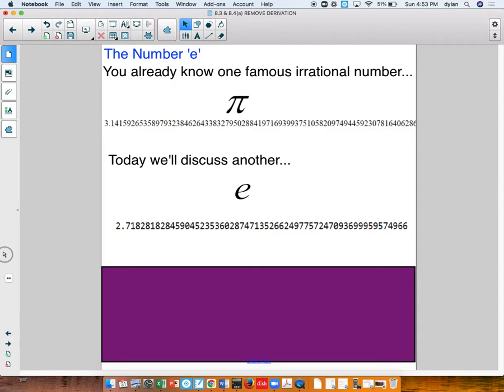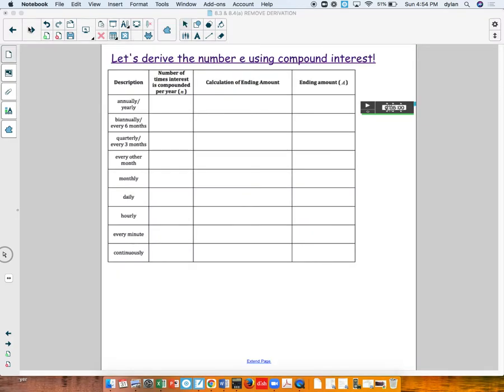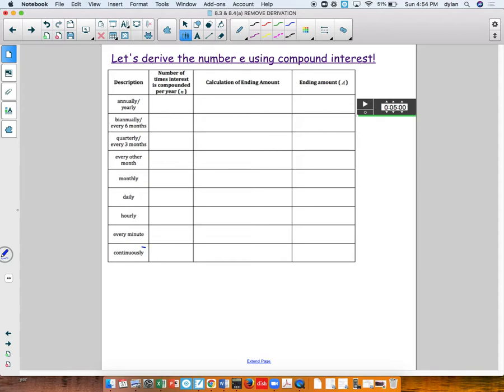E shows up all over the place though, both in finance and in the natural world, which is why it's such an important number and one that we're going to study in more detail. So we're going to start out today by looking at it in the context of compound interest. This is where you'll need that handout that I mentioned at the beginning of the video, because we're going to look at how we can explore compound interest all the way to continuously compounding interest, which is actually what most banks do.